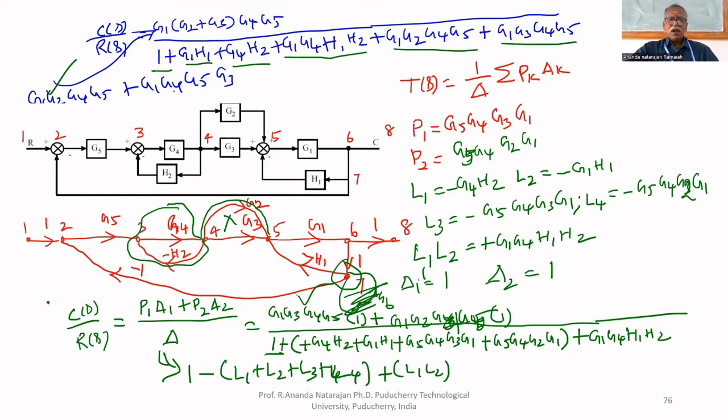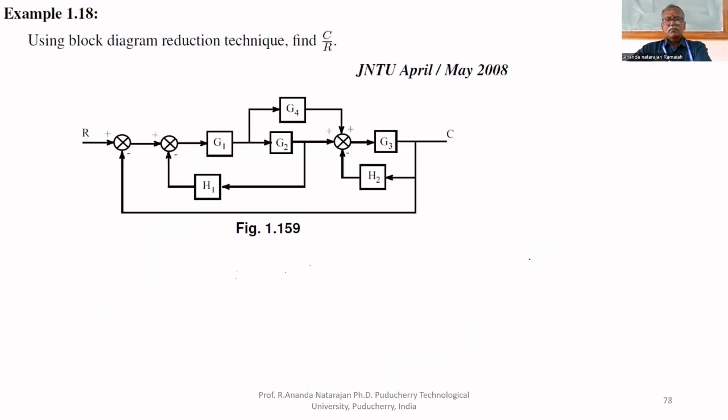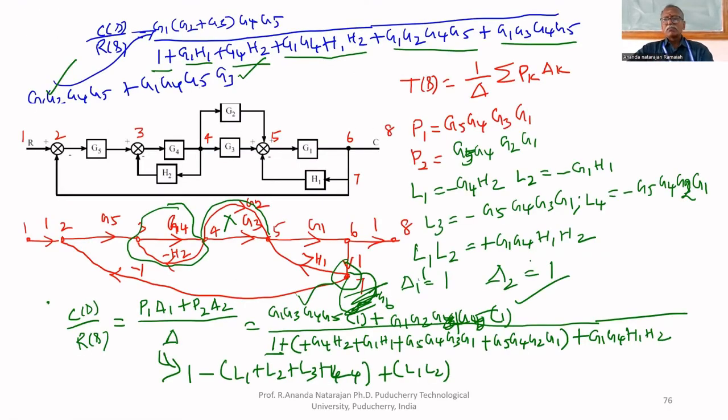G1, G4, G5, G3, yes, this is coming. G1, G2, G4, G5, yes, now it's correct. In both methods, we got the same transfer function.